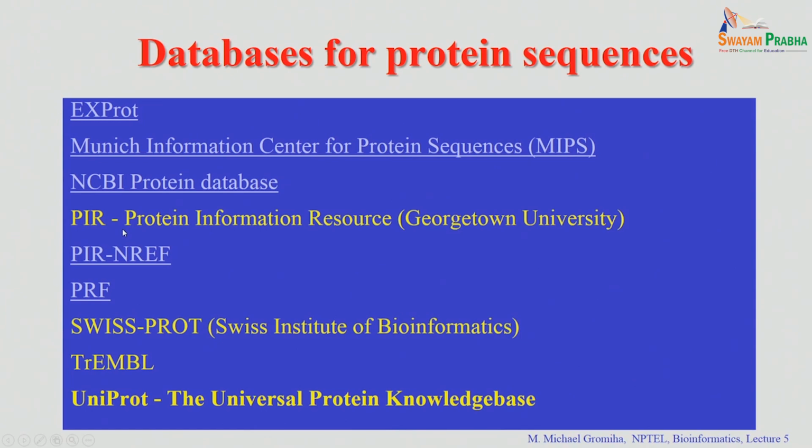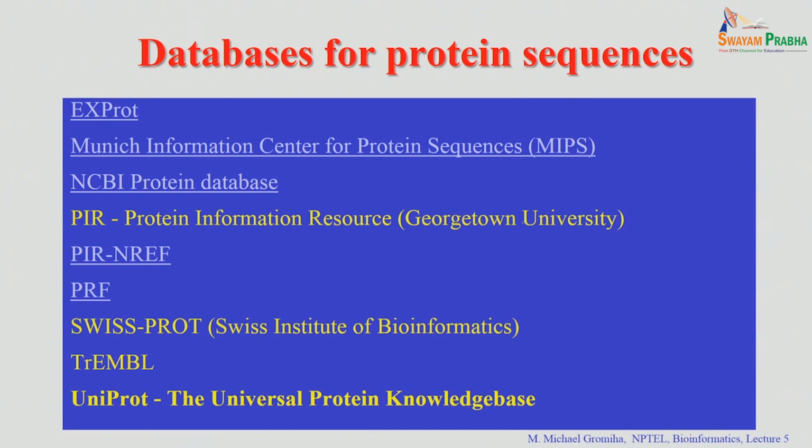Later on, they converted the information in the book into a database, which is called the Protein Information Resource, PIR. There are various databases which contain information on protein sequences, like the Munich Information Center for Protein Sequences, the NCBI protein database, and PIR, developed by Margaret Dayhoff at Georgetown University.